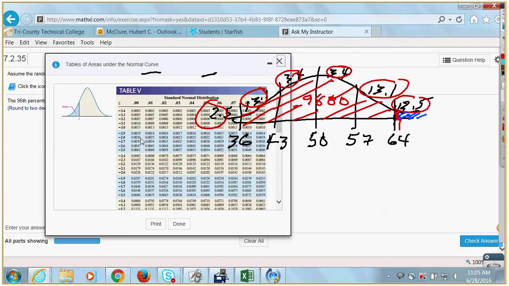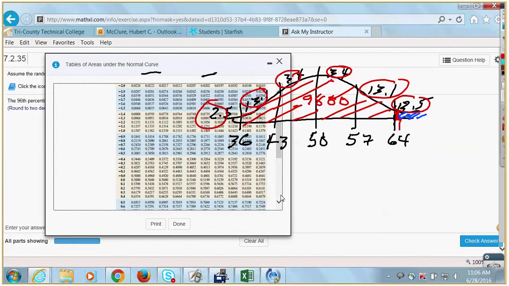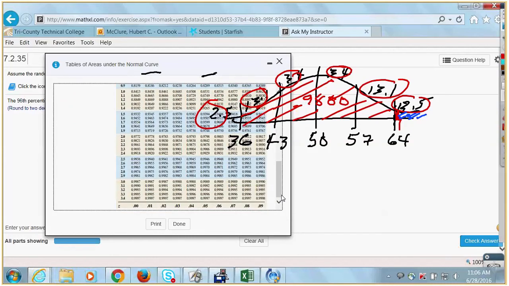I'm going to have to go down. There we go. We got some big numbers down here. 0.9800, 0.98, there's 0.9838, 9830, 9821.